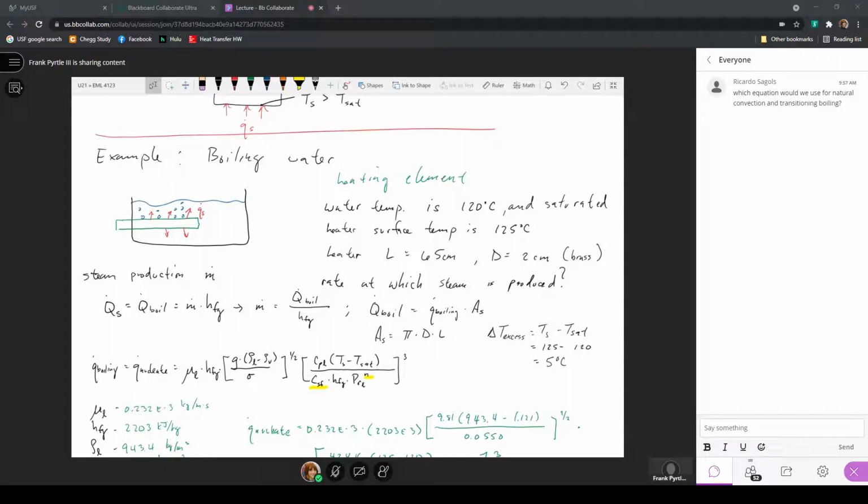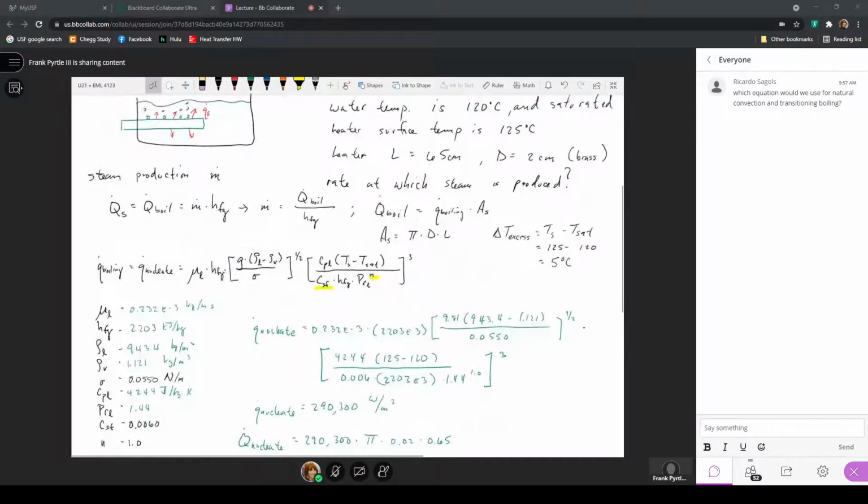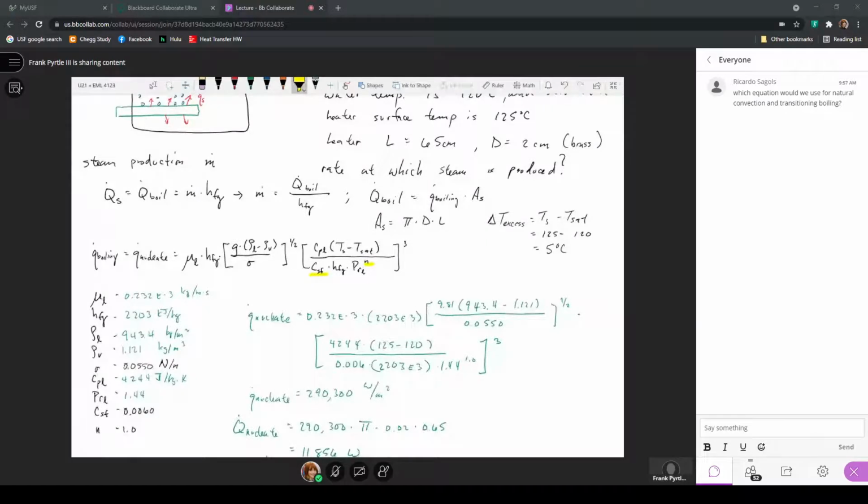Well, that will change all of the properties that are associated with the calculation of this heat transfer rate by nuclear pool boiling. Thus, the heat transfer rate will be different, and the mass flow rate, or the rate at which vapor would be produced, is going to change slightly.